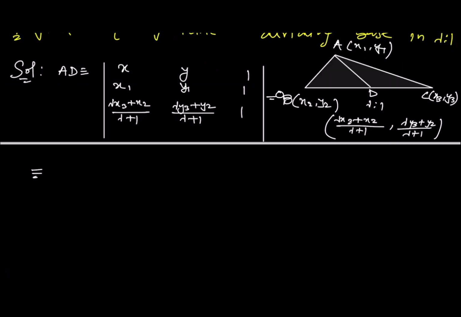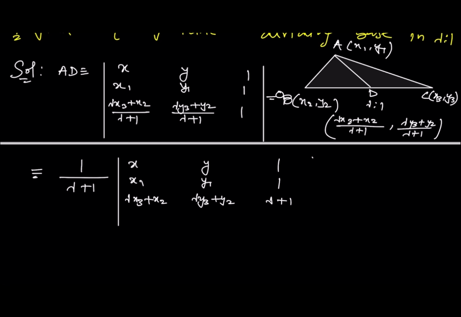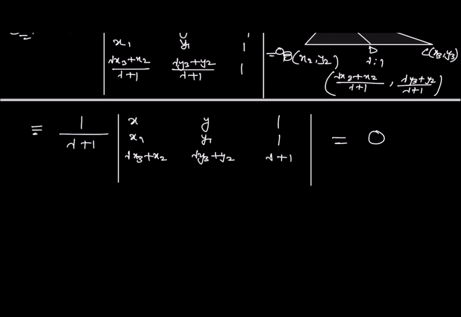Now next, similarly I can write 1 by (lambda plus 1) times the determinant x y 1, x1 y1 1, lambda x3 plus x2, lambda y3 plus y2, lambda plus 1, is equal to 0.